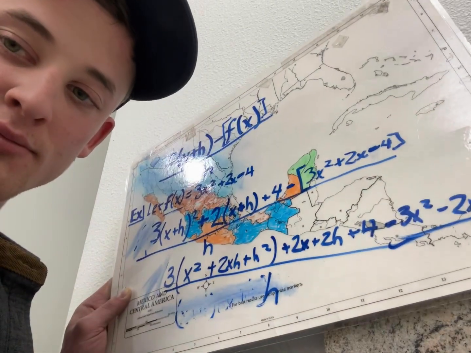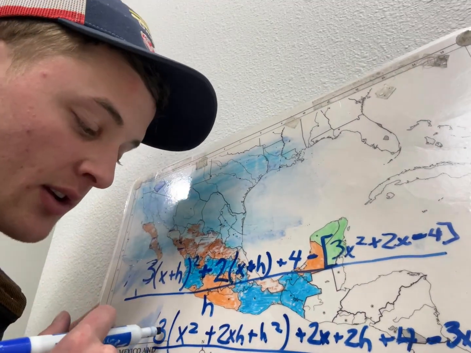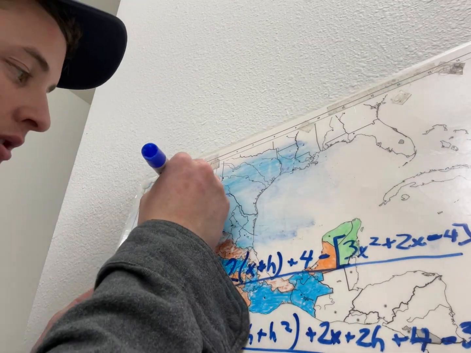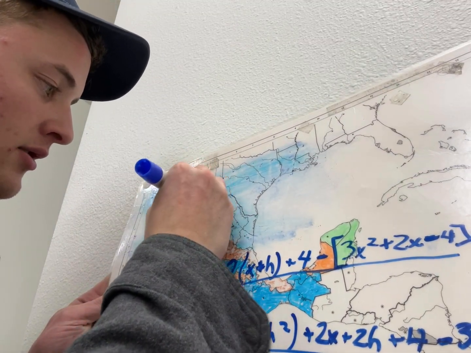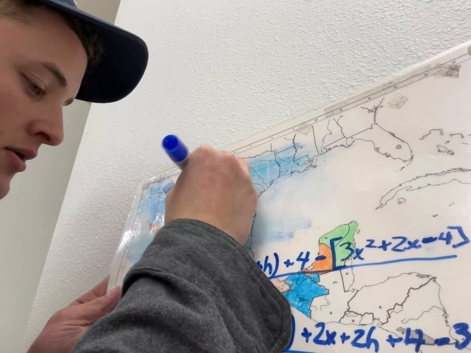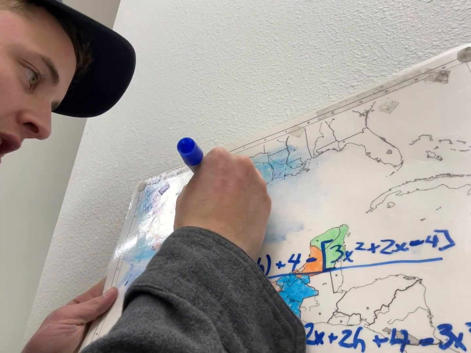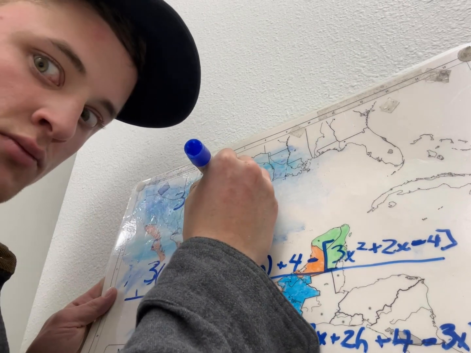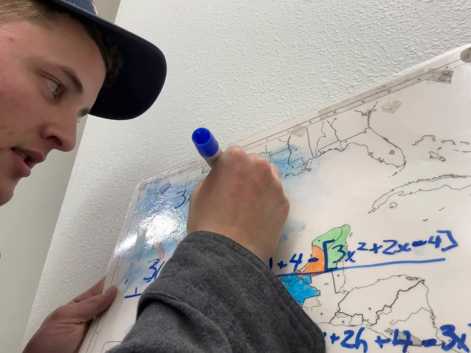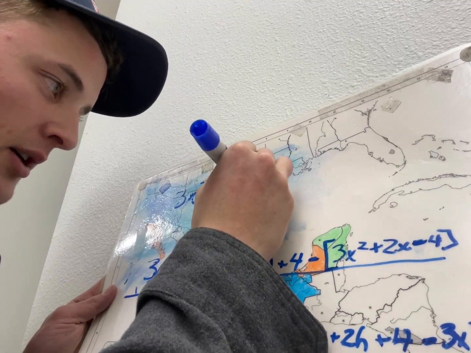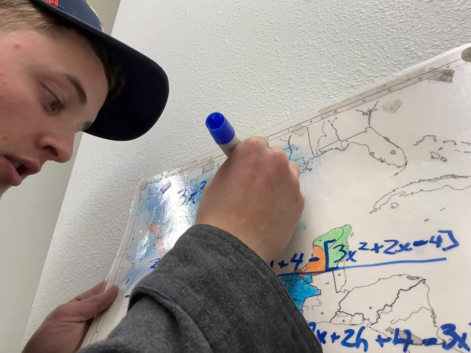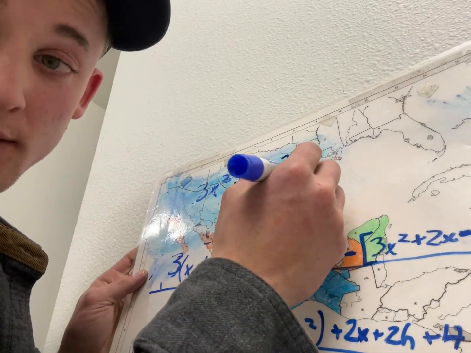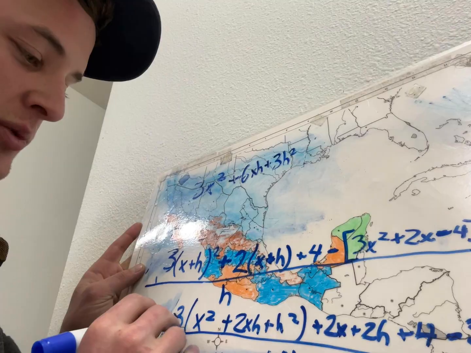So far, so good. Now we're ready to continue distributing this right here. Well, all we have to do is distribute the 3. So we're gonna do that up here. 3x squared plus 6xh, 3 times 2 is 6, plus 3h squared, because we just distributed this 3 down here.